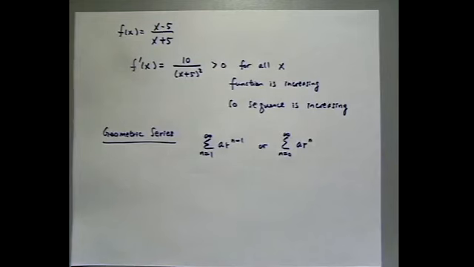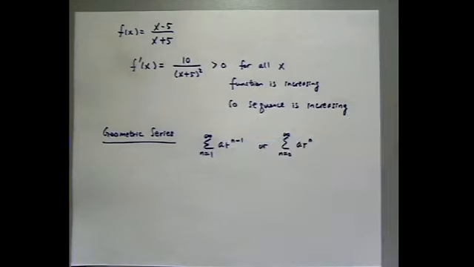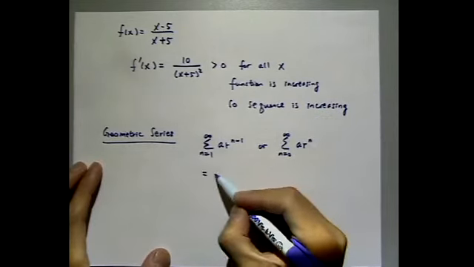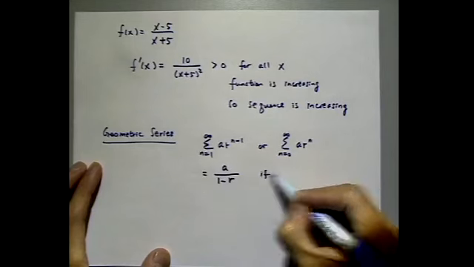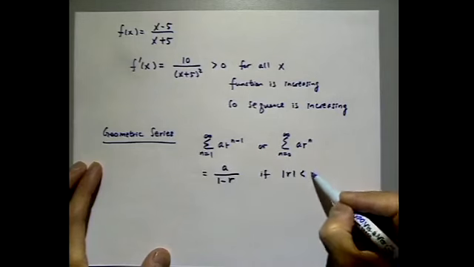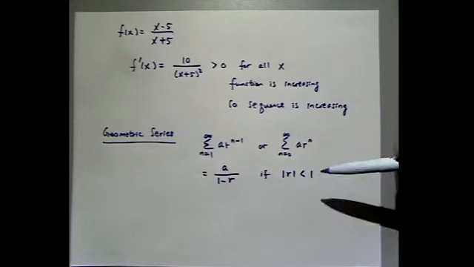So these are the things that start with a term A, and then every subsequent term has the same ratio. So it keeps going. Right? And we know this turns into A over 1 minus R, as long as the absolute value of R, the common ratio, is strictly less than 1.